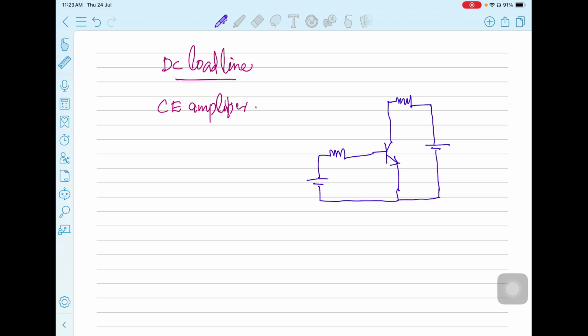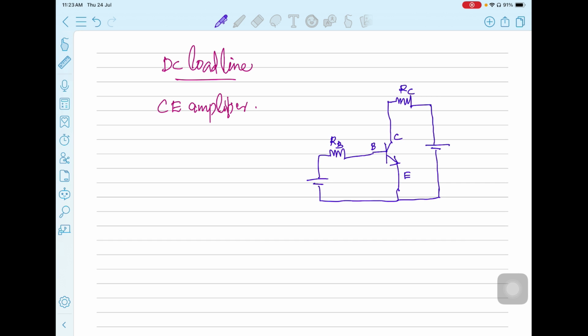And if you mark the terminals, this is the base, this is the collector, and this is your emitter. And the resistor that I connected here is RB, that is base resistance, and the resistance that I connected here in the collector side is RC.